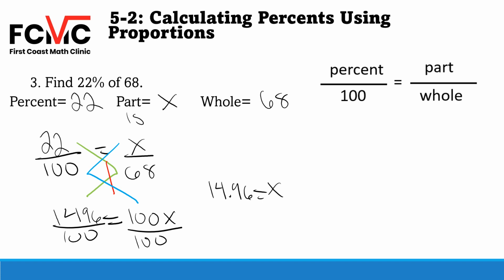So 22% of 68 is 14.96. Okay, so these were 3 examples using proportions to calculate percents.